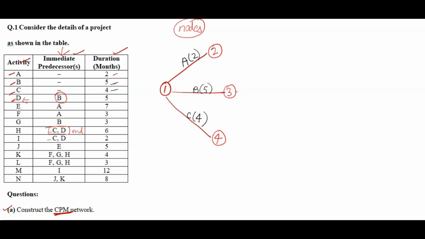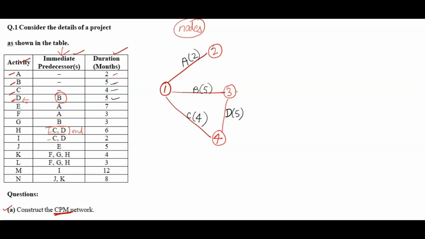And for C activity the ending node is 4. For D activity also the ending node should be 4. D will start from 3 and its ending will be 4. Understood? And for D activity we have 5 as duration, 5 months. Like this we have to form.